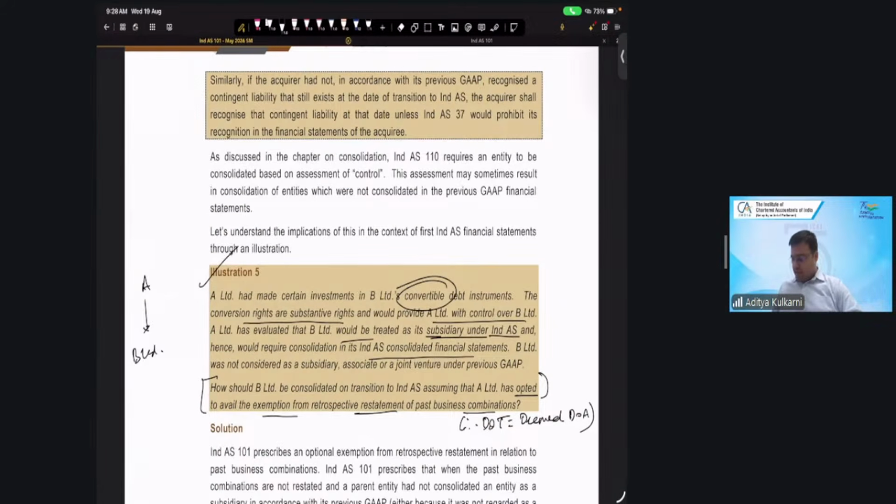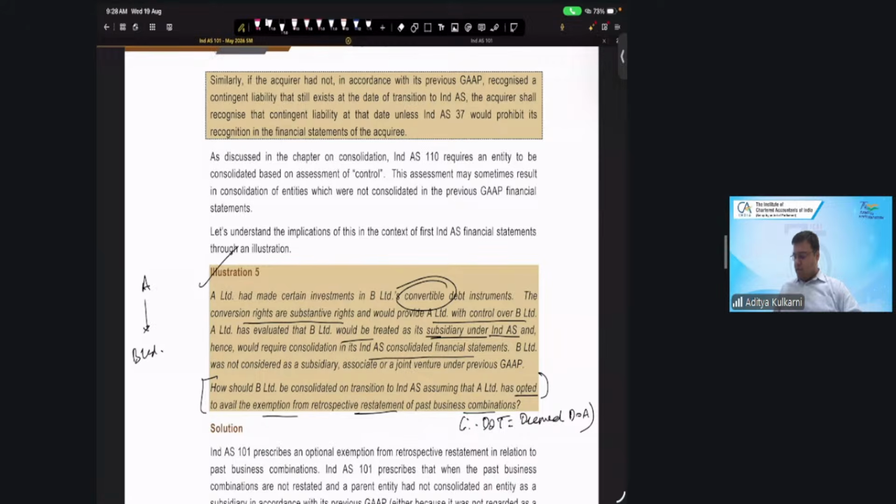Look at this question. A had made certain investments in B Limited's convertible debt instruments. A has made investment in B. The conversion rights are substantive. That means it's favorable and would provide A with control over B. A has evaluated that B would be treated as its subsidiary under Ind AS and hence would require consolidation in its Ind AS consolidated financial statements.